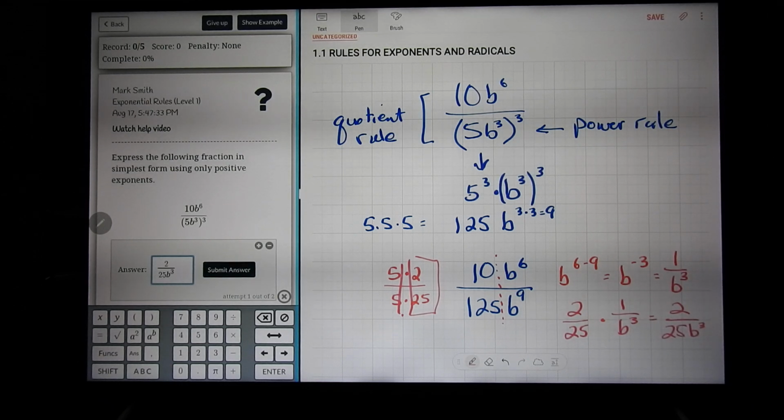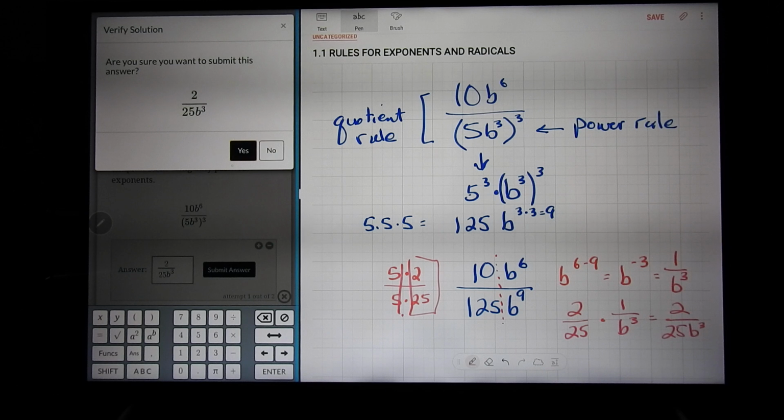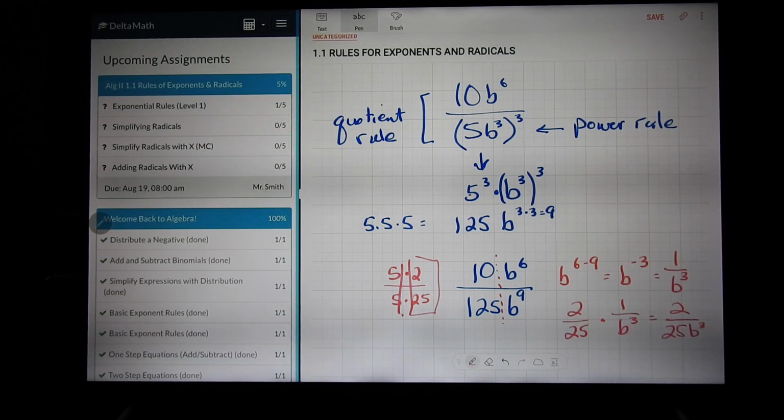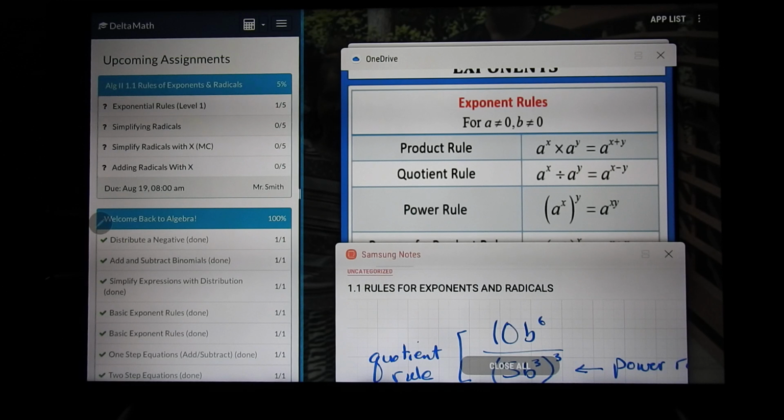Okay, and we're going to say submit answer. And that looks like my answer over here, so I'm going to say yes, and we get a check mark. So that was a lot of different things to do in that one, but I encourage you to give those a try and use these answers over here.